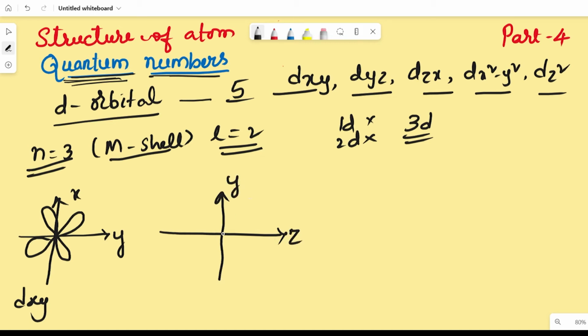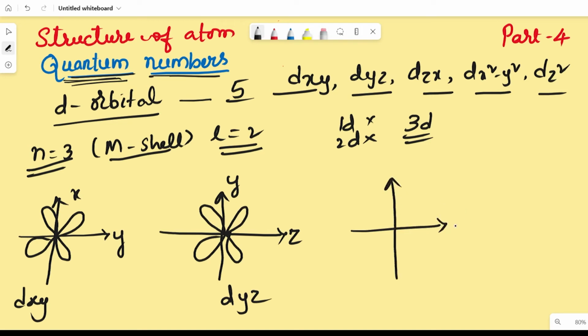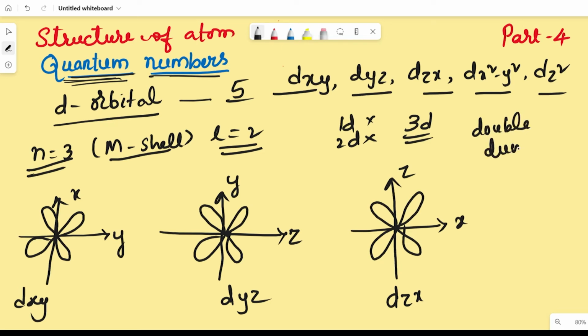This is the dyz orbital. So this is the dzx orbital. And very important point, the d orbital is double dumbbell in shape. Very important.